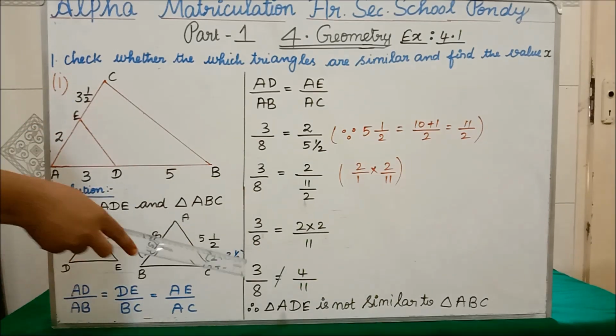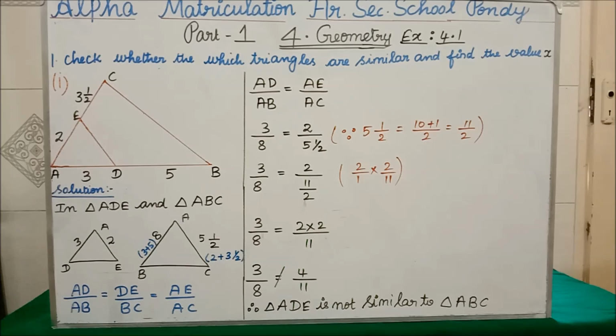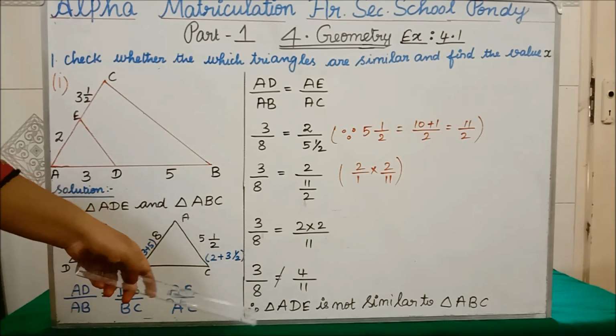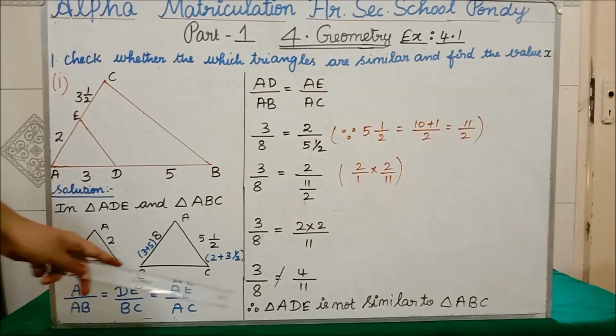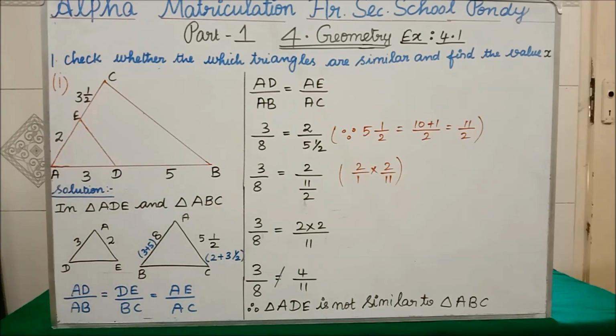Suppose if you are getting equal, you can write triangle ABC is similar to triangle ADE. But here we are not getting equal, so we have to write triangle ADE is not similar to triangle ABC. Clear students? We have seen the first subdivision, now we will see the second sum.